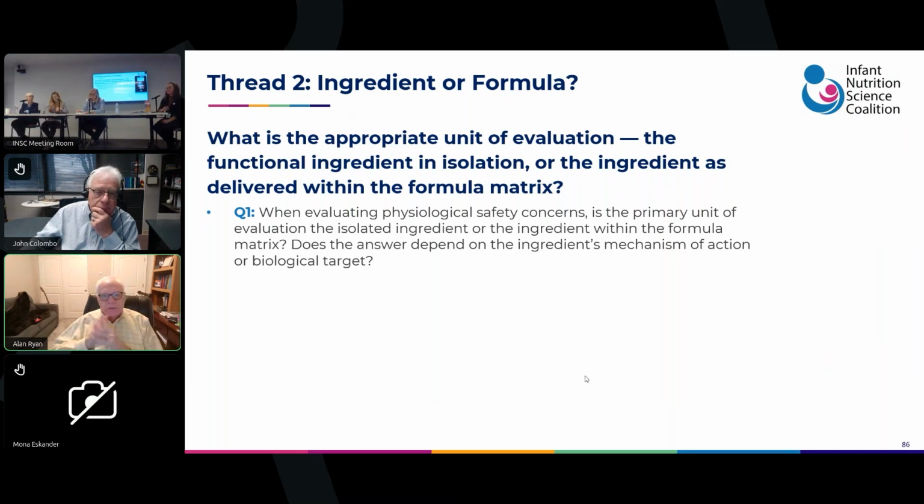Martek was always interested in other indications in addition to infant formula. So they were always looking at other ways to test DHA in other animals or even in humans. Also, there are a lot of studies in maternal supplementation of DHA and its effect on infant development.